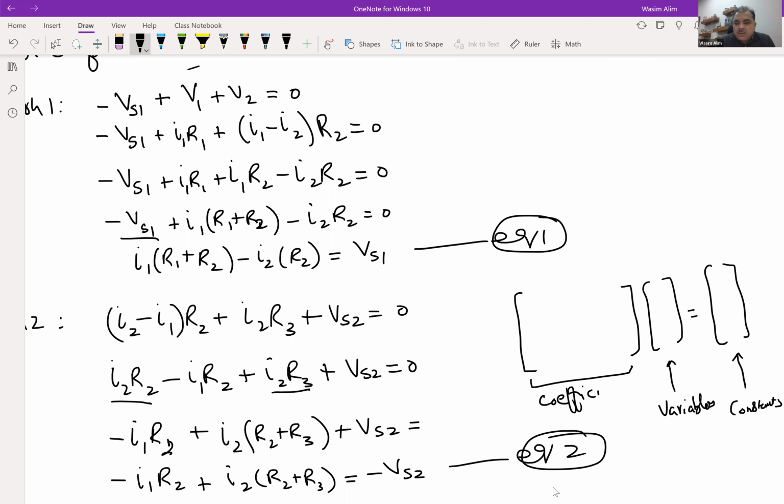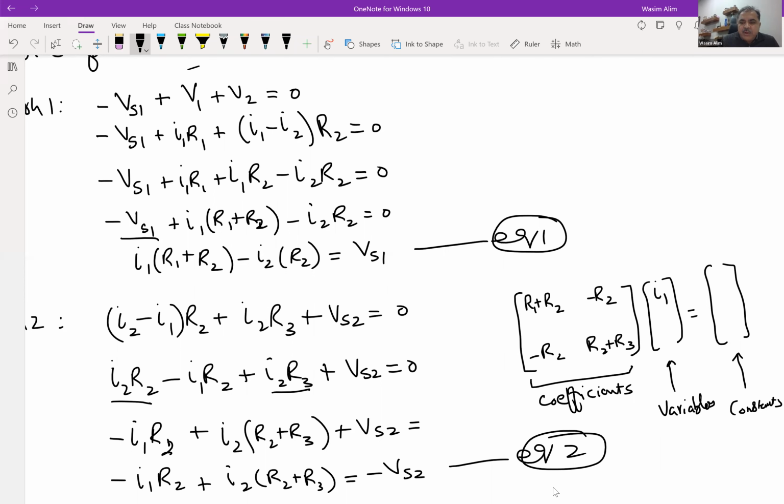Okay, so for I1, again, I have R1 plus R2. Then I have minus R2, minus R2, R2 plus R3.